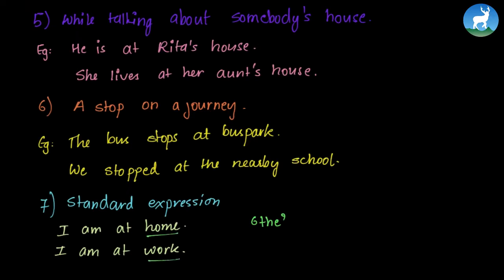So home, work, you're at work or you're at home, you're giving the regular description. We never say, I am at the work or I am at the temple, because the general rule says that a general description is never attached with the. We do not use the while we use these standard expressions.